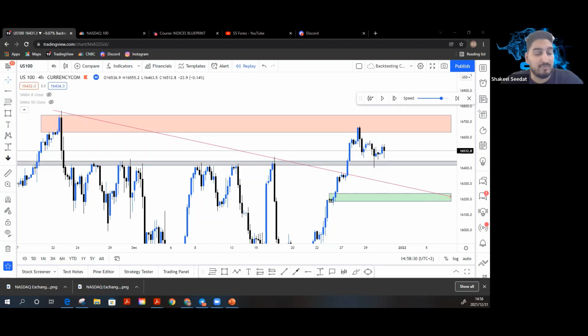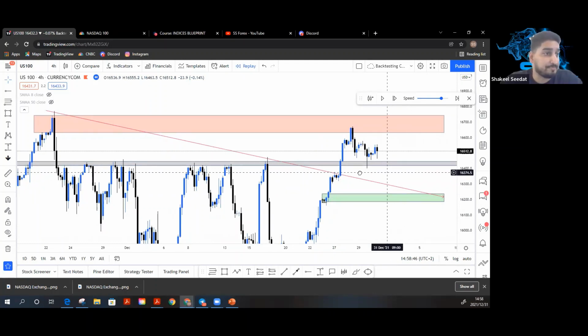If your technicals align with this, you're more than likely going to have a very high probability trade, and you will see it play out. So without any further ado, let's dive straight into it.